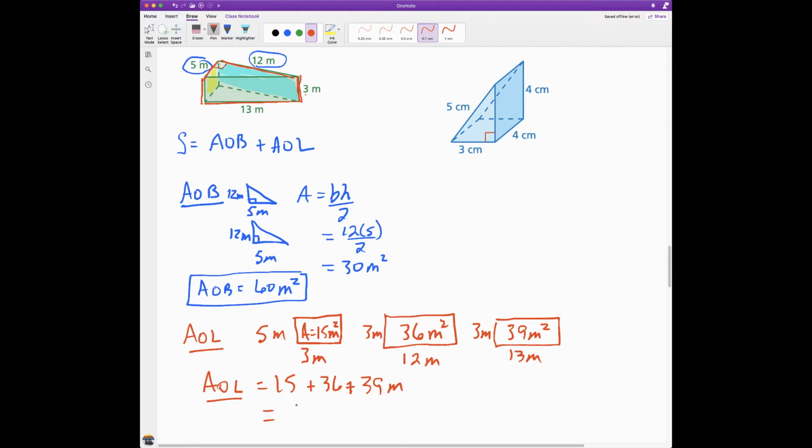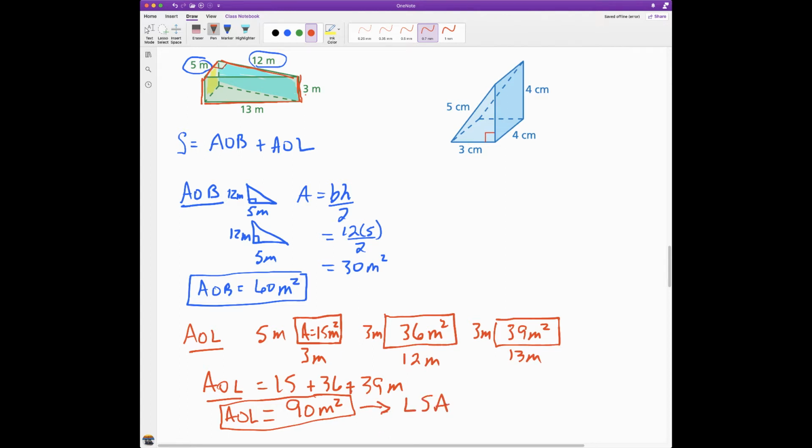That's correct. You get 90 meters squared. So that's the area of the lateral faces. So that doesn't answer the question. What question this does answer is this: the area of the lateral faces. Remember, that is the same as the lateral surface area.